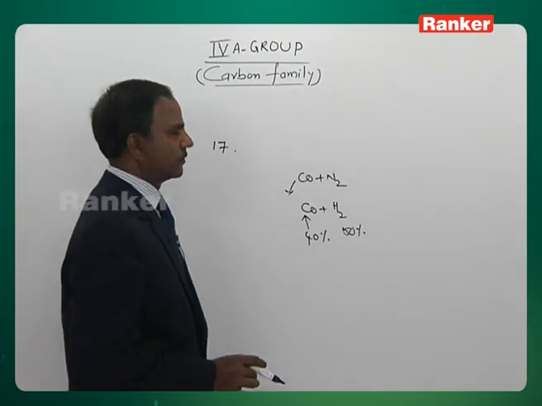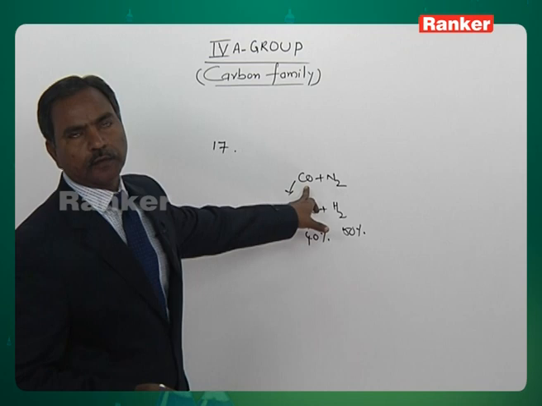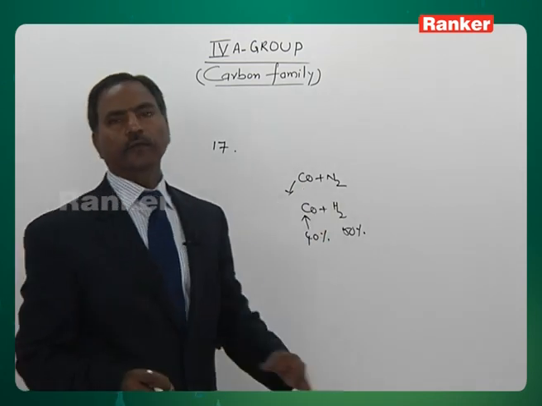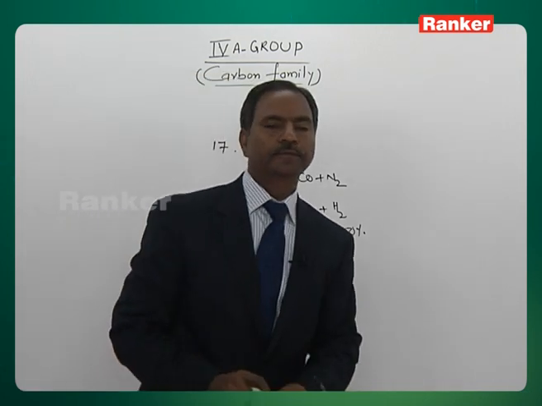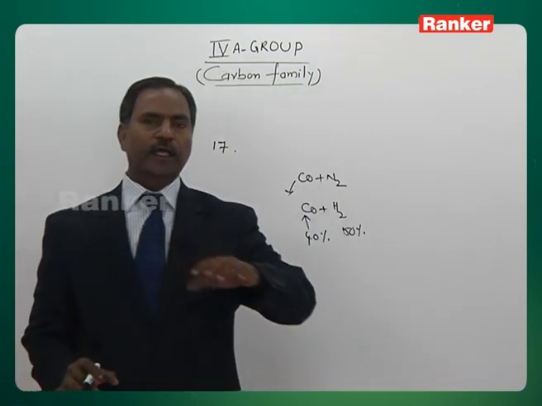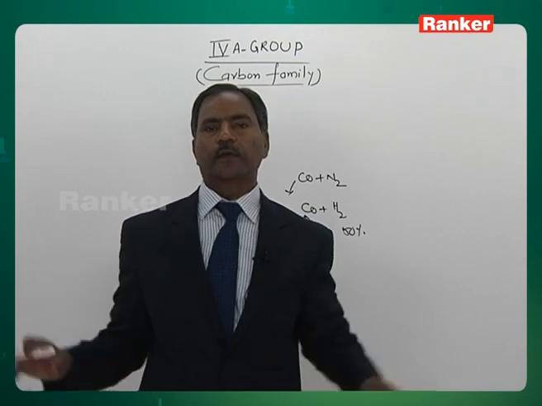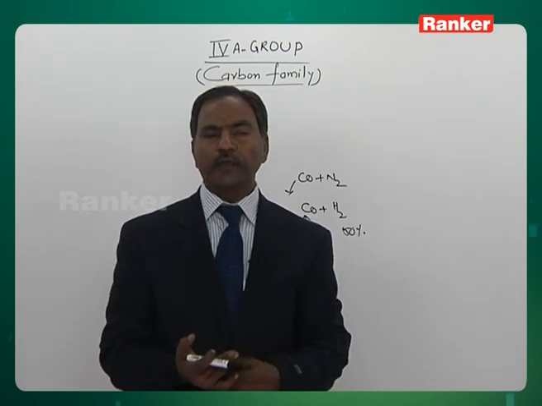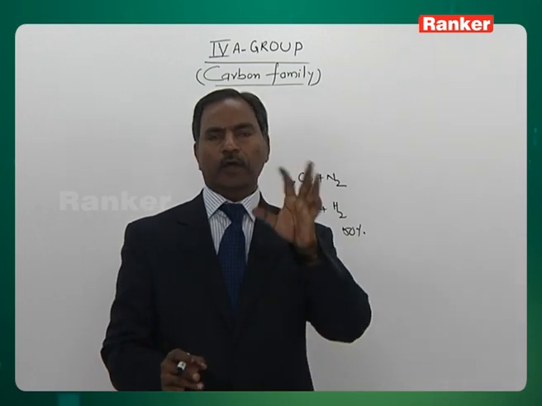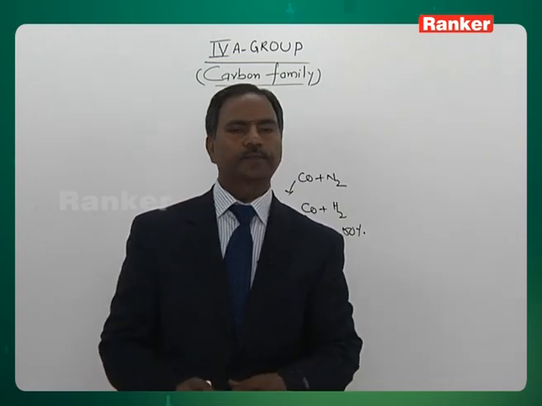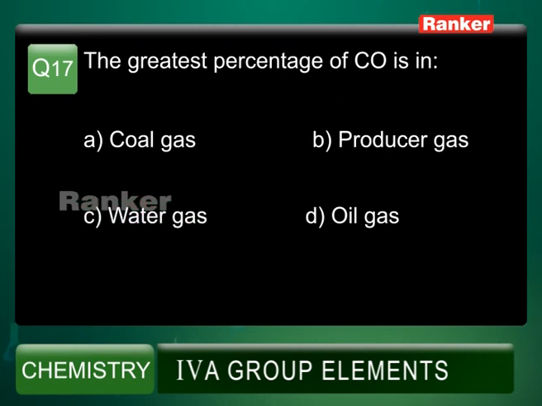Producer gas is still less in comparison to water gas and oil gas. Oil gas again carries a mixture of hydrocarbons, with very little carbon monoxide. Therefore, for question number 17, more carbon monoxide is there in water gas only. Answer C.